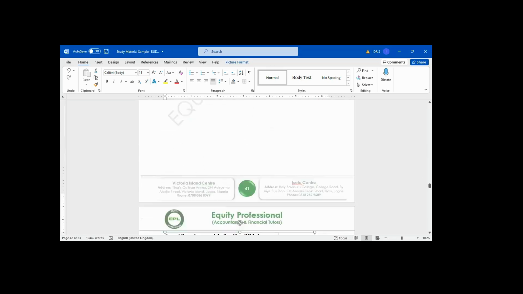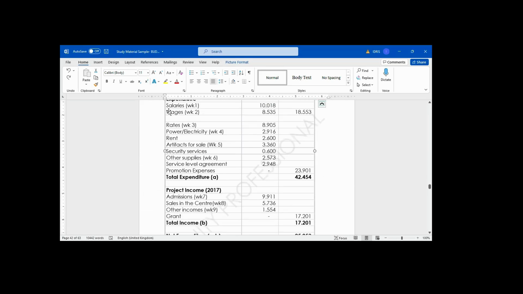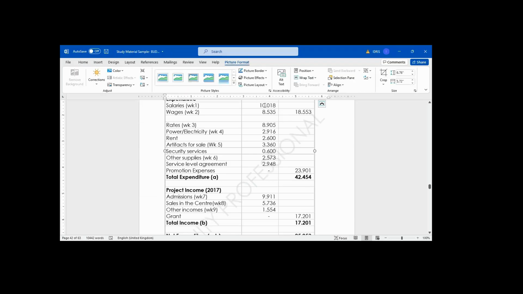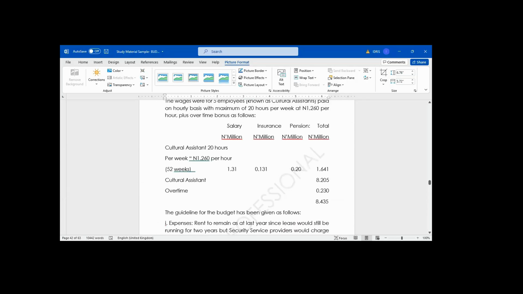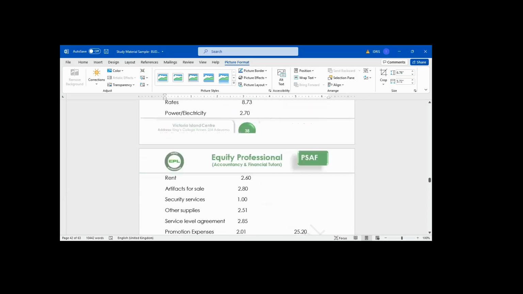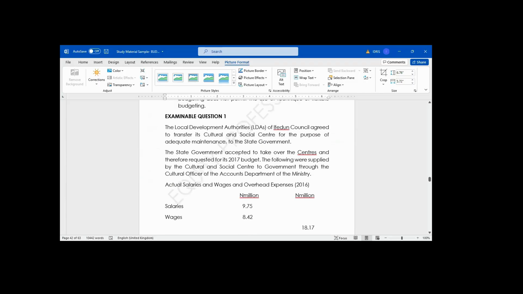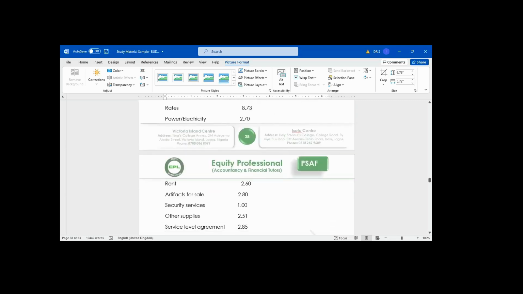What note do we have on salaries? The salary for last year, how much is it? 9.75.